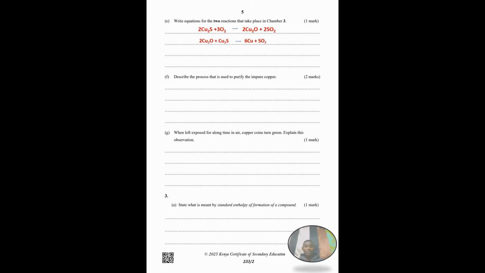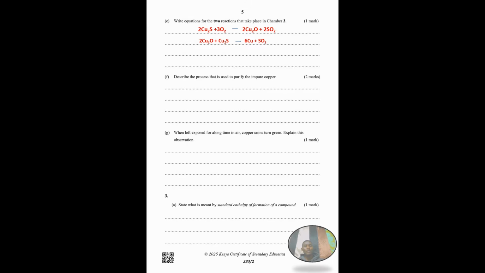Moving to the next question, part F. Describe the process that is used to purify the impure copper. What we need to understand, learners, is that the copper that is formed is always impure copper.